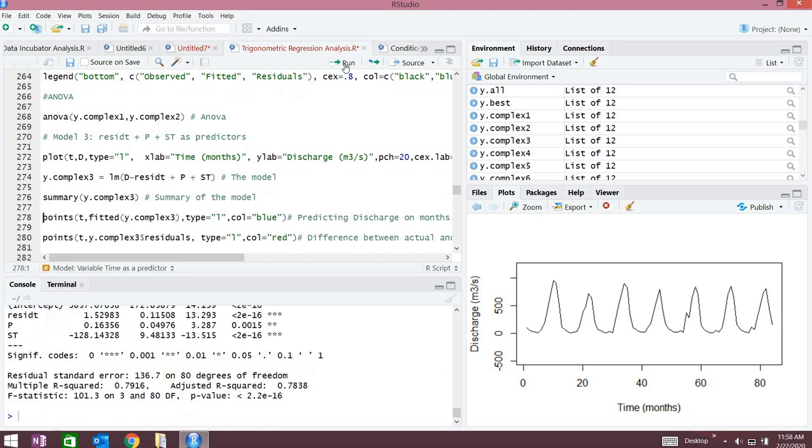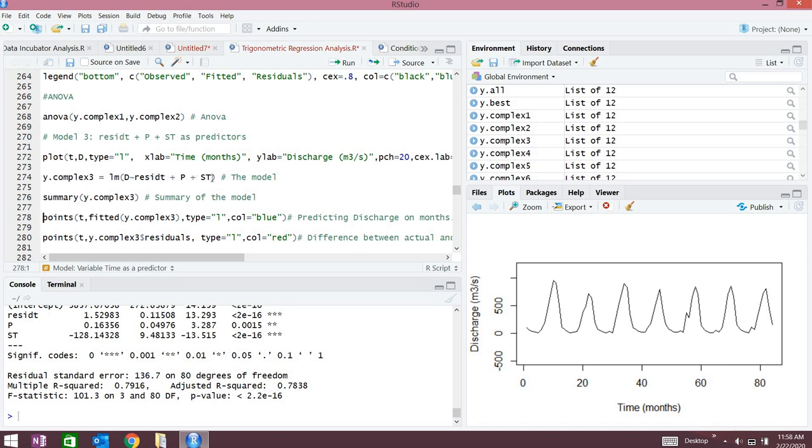Model 3 explains about 78%, so from about 20 to 29 to 78. So we are still continuing.